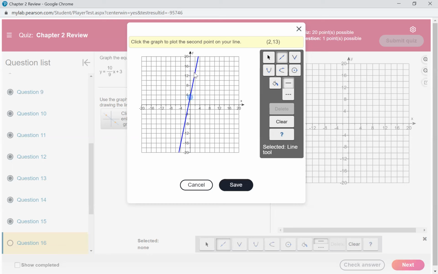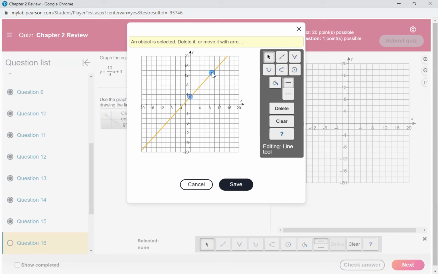So notice I'm going 2, 4, 6, 8, 9. And let's see, I need to be back down at 13. So there I am at 9, 13. I would click my second dot. So remember, plot the y-intercept on the y-axis. If the slope is positive, go up according to the top number. The bottom number always goes to the right.